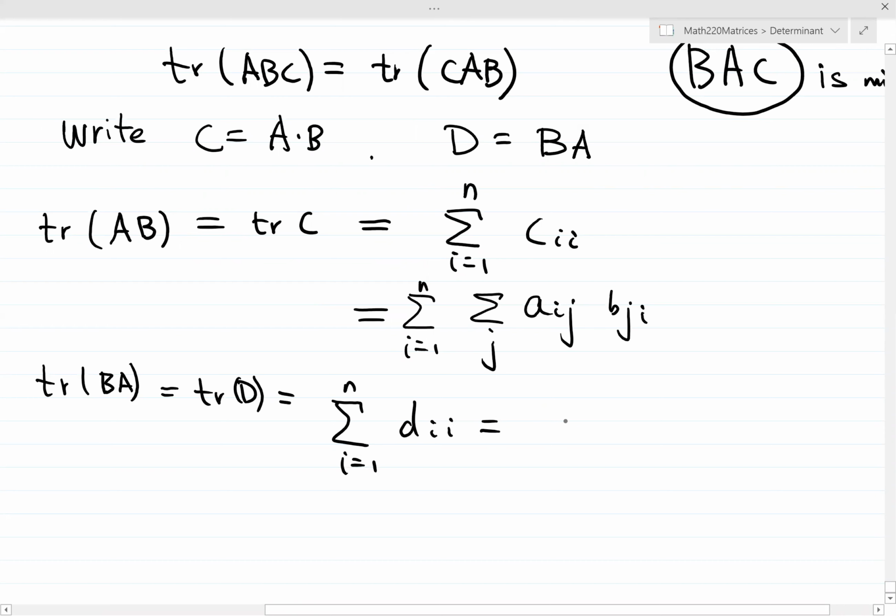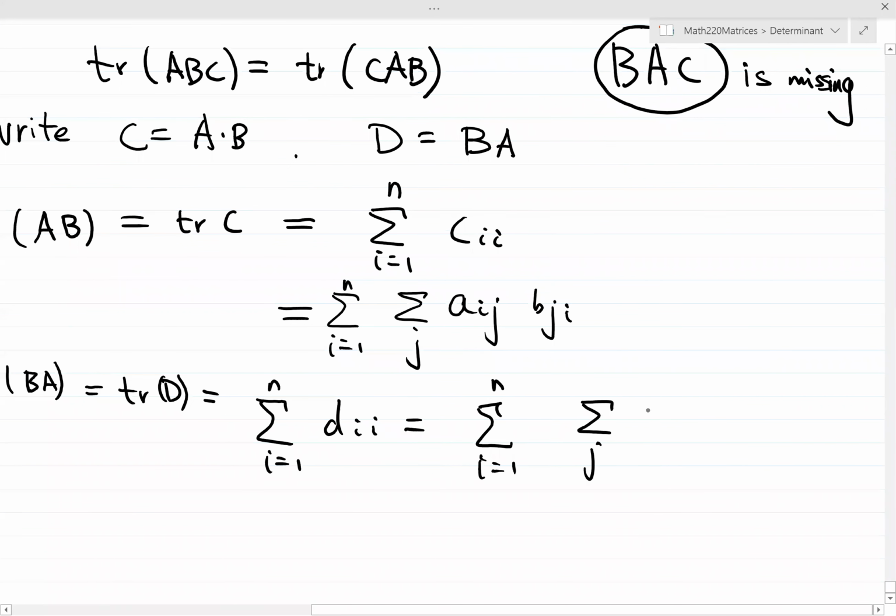D is B times A, so D_ii is the sum over j of B_ij times A_ji, where j is from 1 to n.